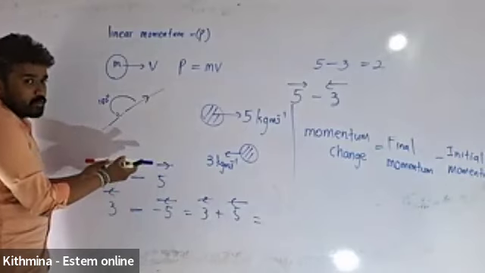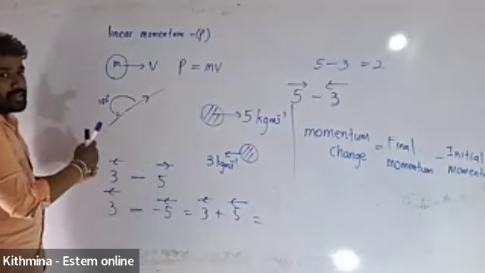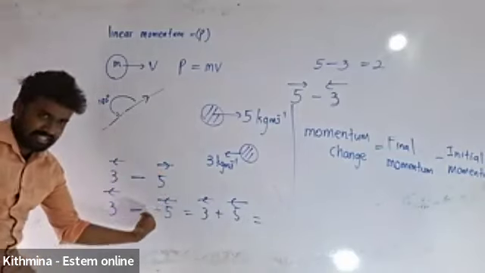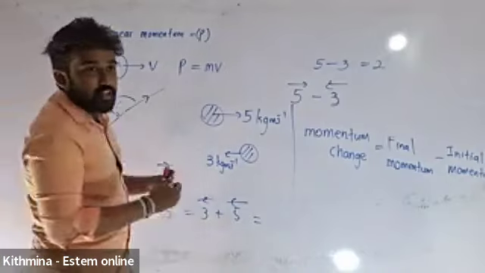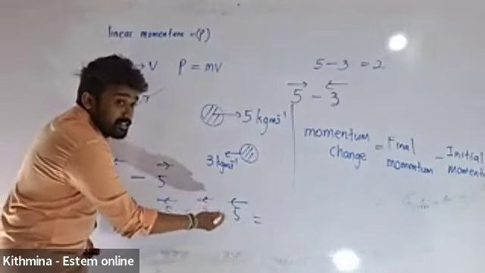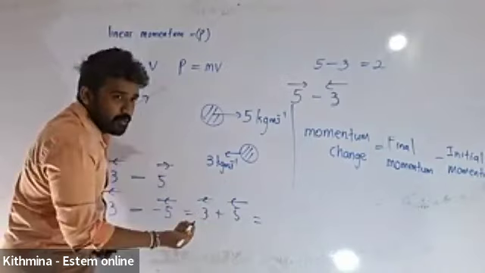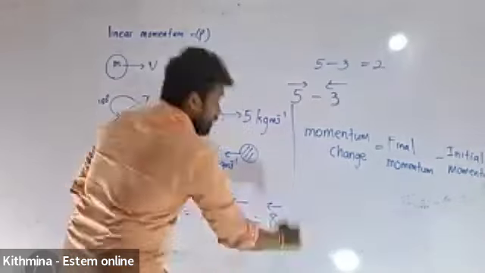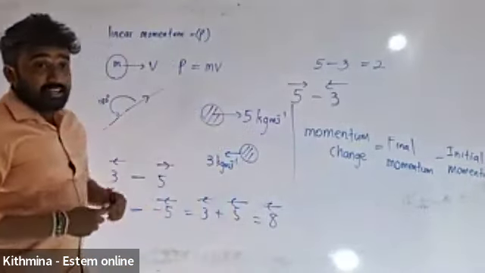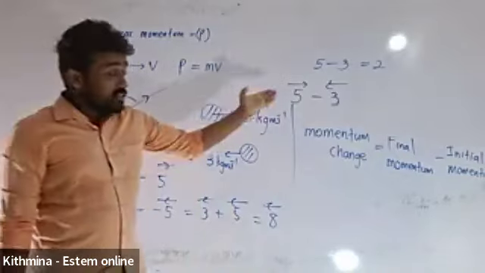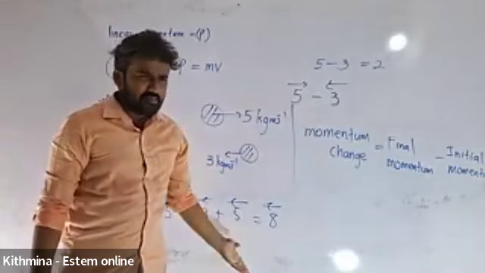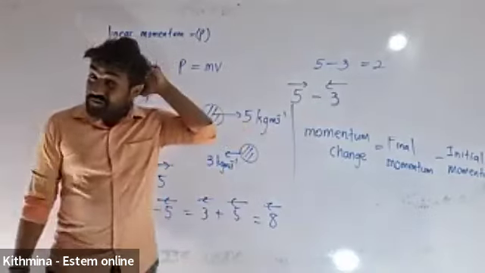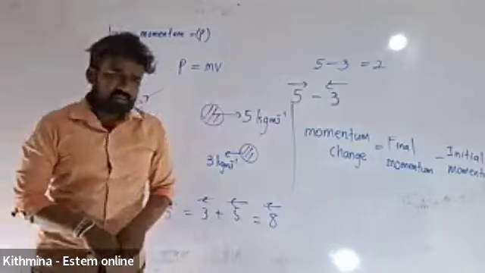Then the angle between the two vectors is 180. When we change the direction of this one, the angle between the two vectors is now 0. Then we can simply add them. We get the difference between 5 minus 3, but it becomes 8. It's not magic. I know it's not magic for you, you are revision students, but I want to teach from the fundamentals.